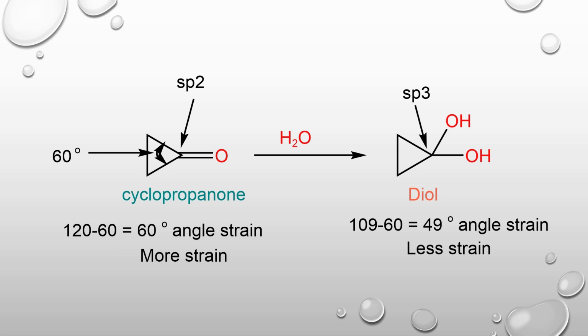Now, if a water molecule attacks this carbonyl carbon, the hybridization will change to sp3, and the bond angle for sp3 is 109 degrees. Now 109 minus 60 is a 49 degree distortion, which is less compared to the 60 degree distortion and provides more stability from strain. That's why it is favorable.